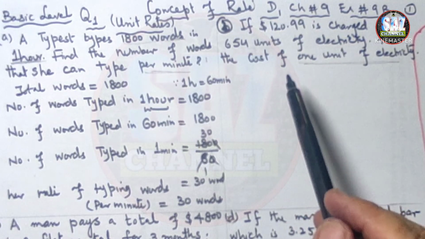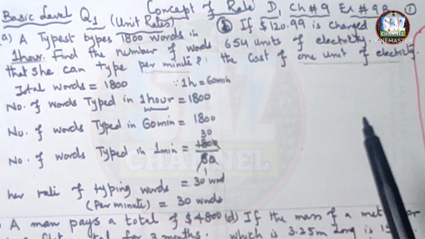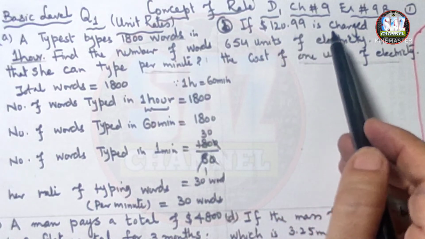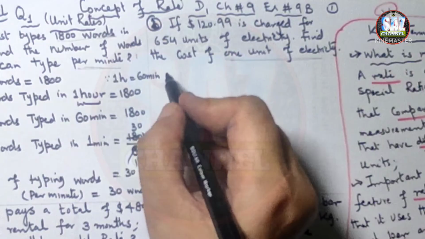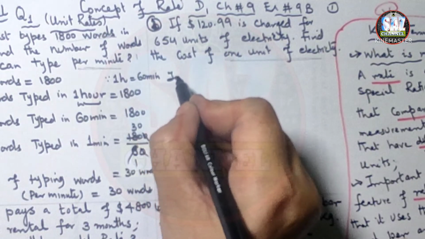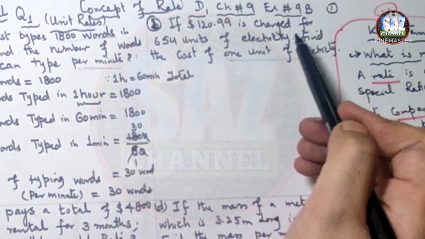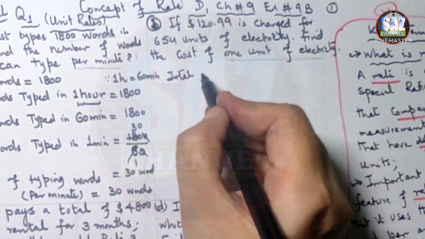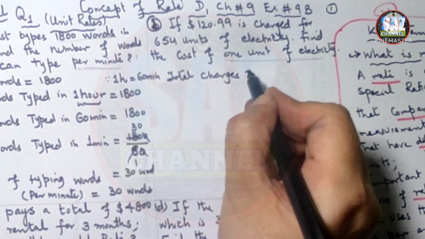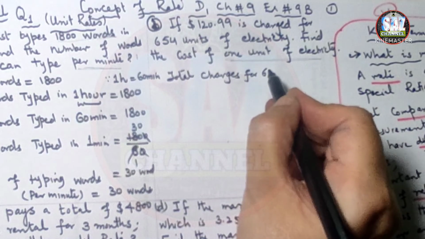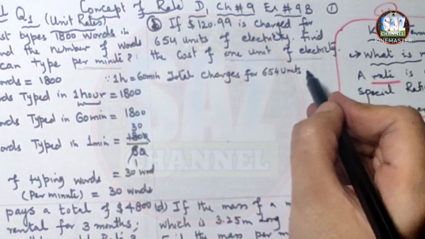So if 120.99 is charged for 654 units, then the total cost, but I'll try to use the words from the question as well, total charges for 654 units are $120.99.